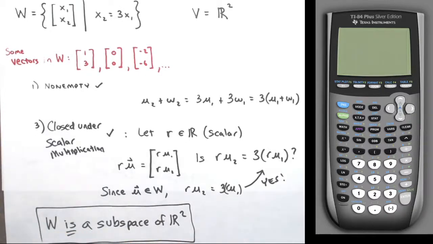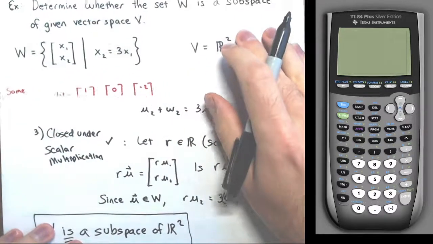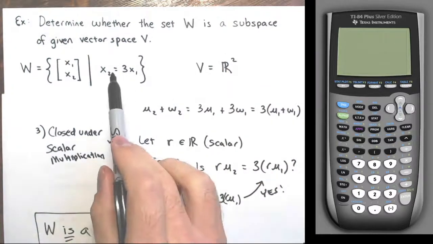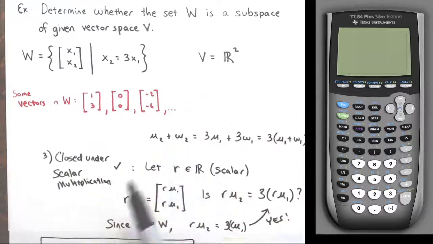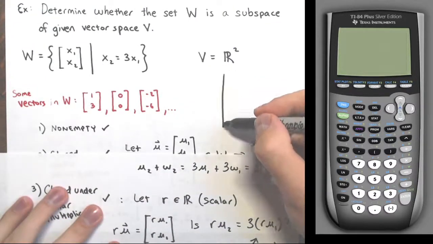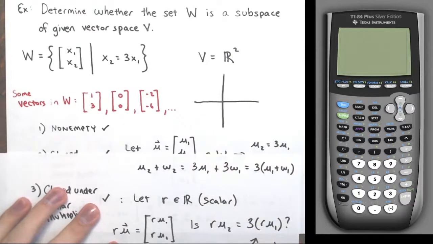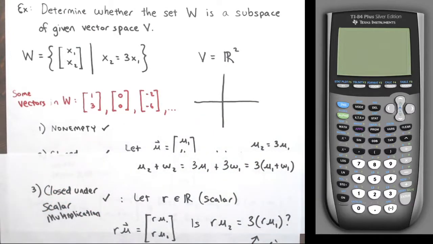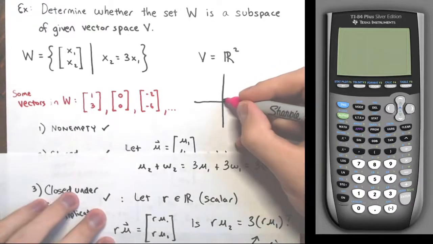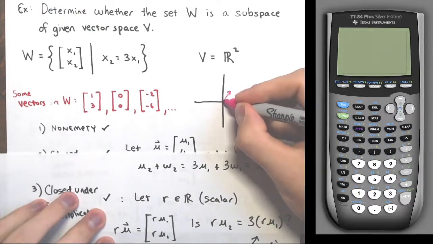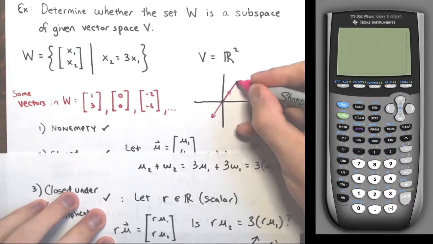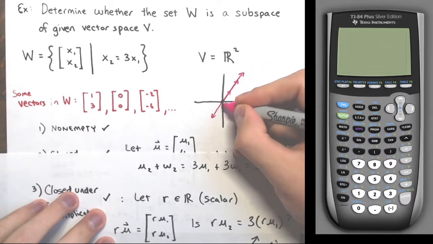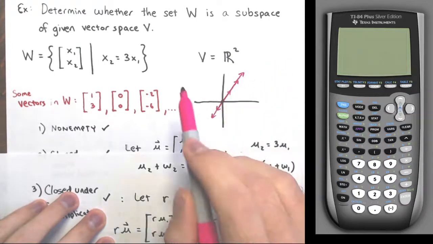All right. And since it's R2, you could even make a graph of vectors that satisfy this. Like I said, 1, 3, 0, 0, -2. If you put those up, remember how I said earlier, one example of a subspace of R2 was lines through the origin, right? 1, 3, 0, 0, -2, -6, 2, 6, 3, 9, and so on.